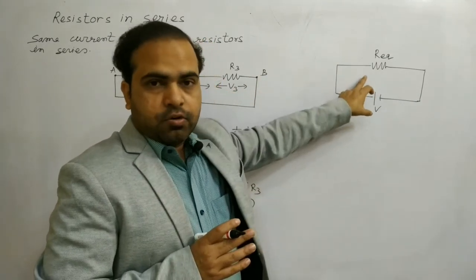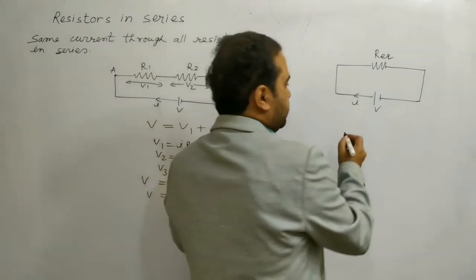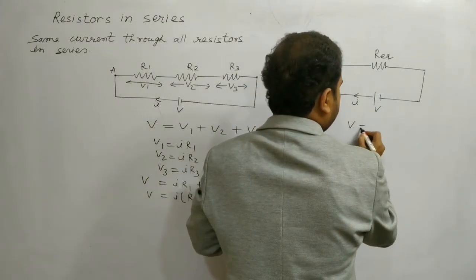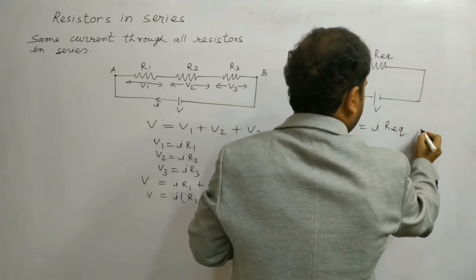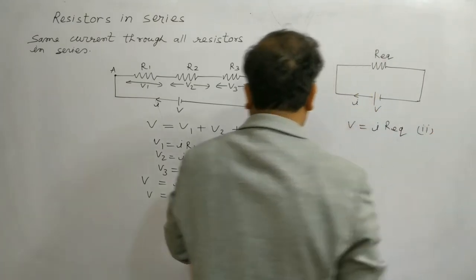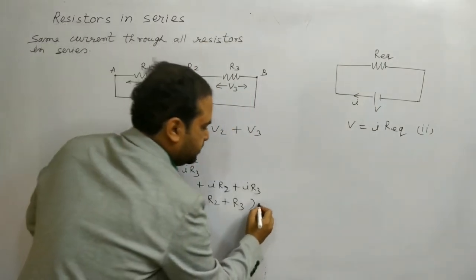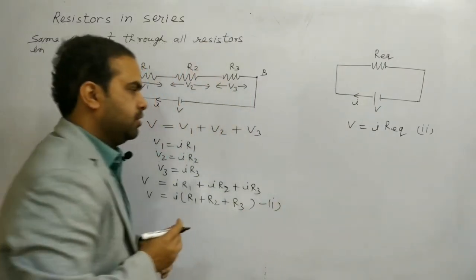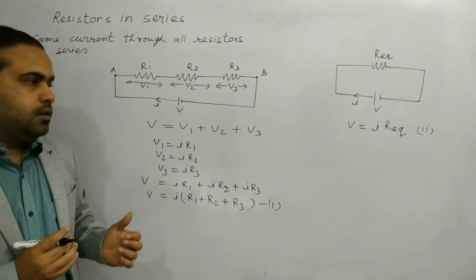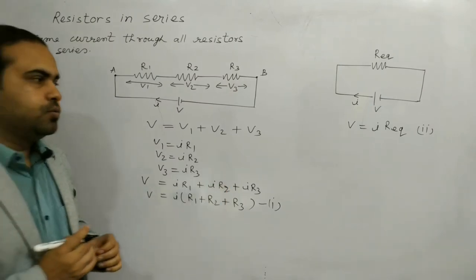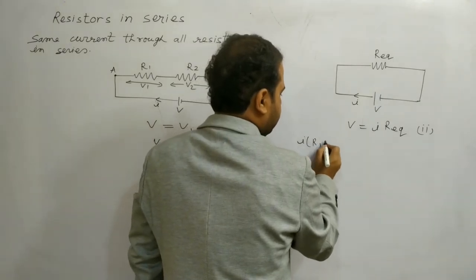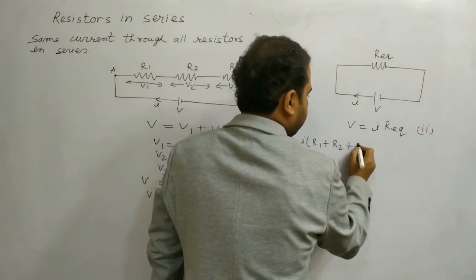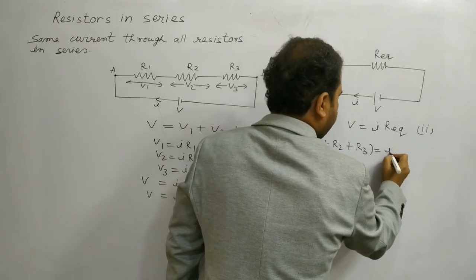Now let us apply Ohm's law here. By applying Ohm's law, we can write that V equals I R equivalent. Let us call it equation 2 and let us call the earlier one equation 1. Now equating equation 1 and 2, we get I times R1 plus R2 plus R3 equals I R equivalent.